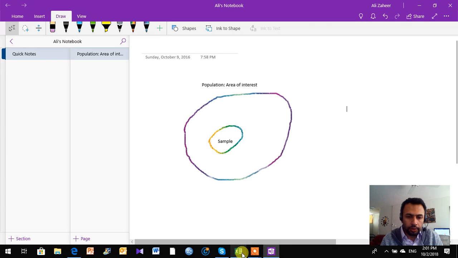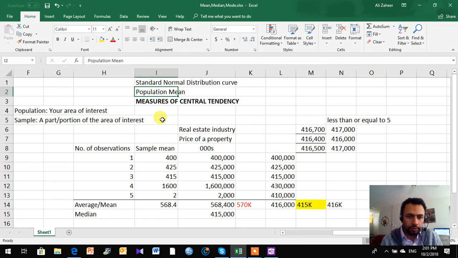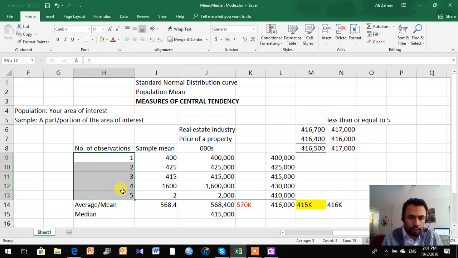Now we come back to the Excel sheet. Let's suppose we have 5 observations, in other words our sample size is 5, and these are the values associated with that sample. So 400 for 1, 425 for 2, and so on.